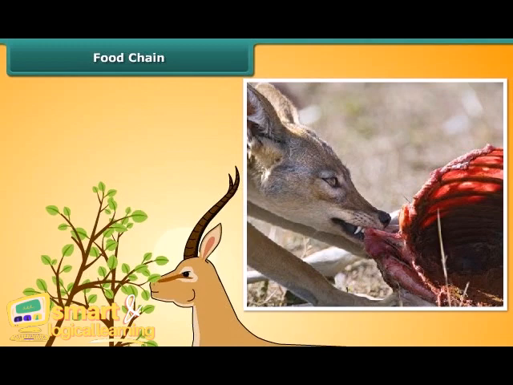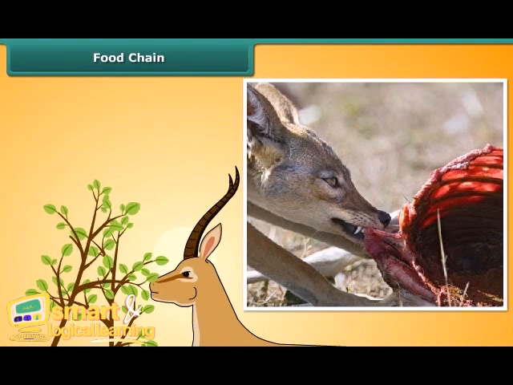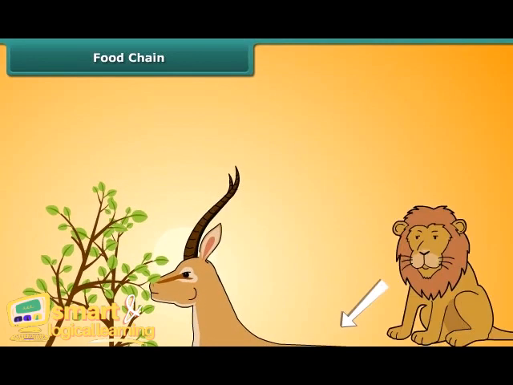Let us take a simple example of a food chain. Plants use the sunlight and prepare food. Plants are eaten by deer. Deer are eaten by lions.